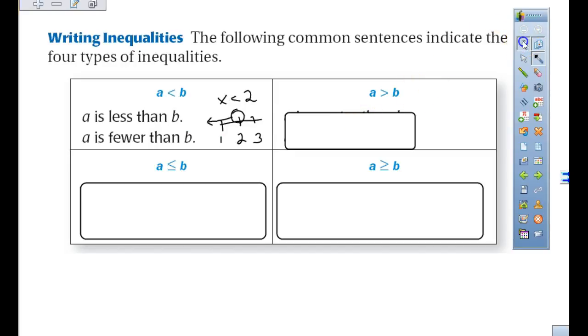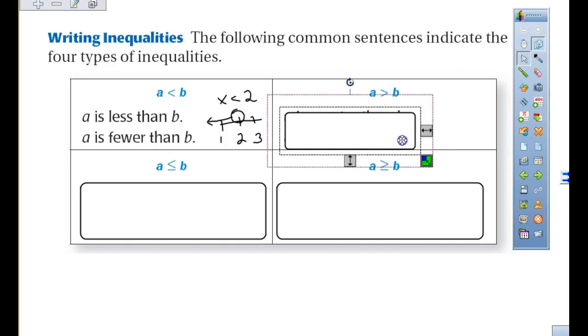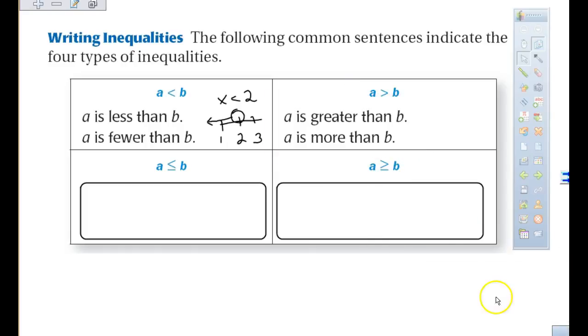When I look at this next phrase that says A is greater than B, that's the easiest one to go with, right? Whitney, let's just wait, and I'm going to have you write these down first, okay? Then I'll answer some questions. If I wanted to write x is greater than 2.